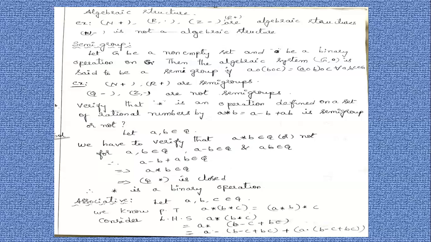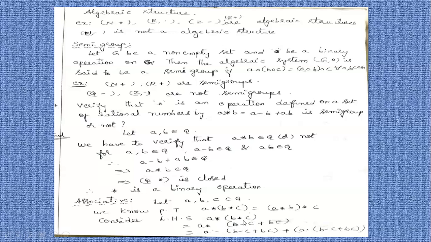Okay students, now we are discussing the associative property. Let a, b, c belong to Q. We now prove that (a star b) star c equals a star (b star c). First we consider the LHS, a star (b star c). We apply the values in the bracket.